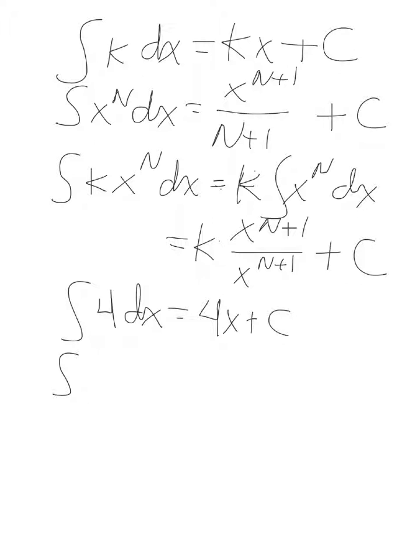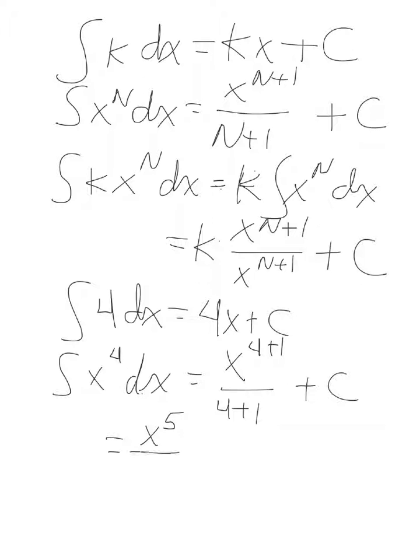If I have the integral of x to the 4th dx, that's going to be x to the 4 plus 1 over 4 plus 1 plus c, or x to the 5th over 5 plus c.